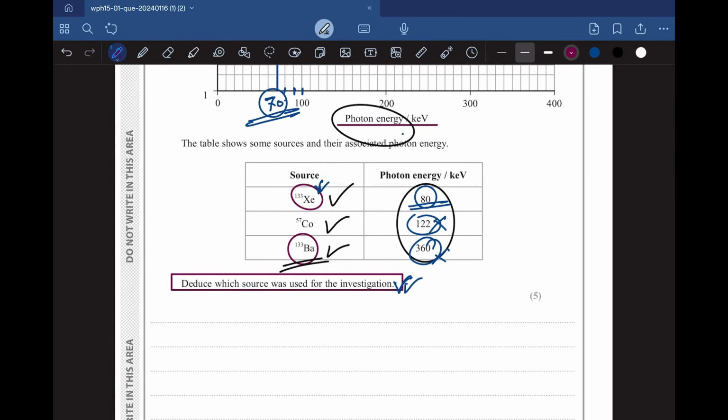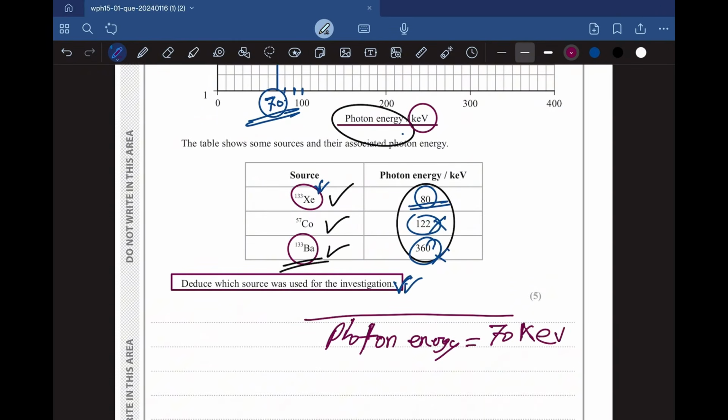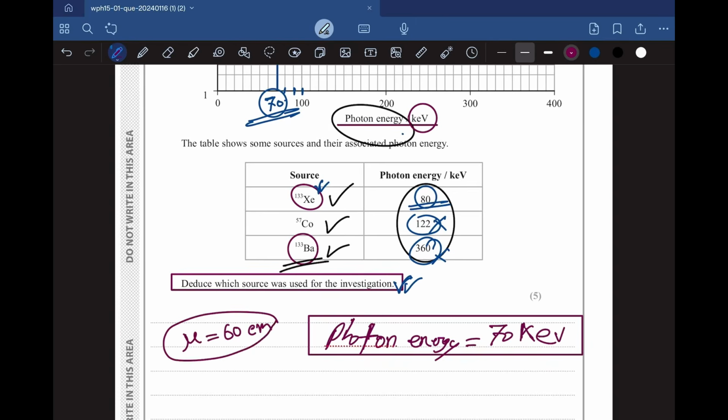We can write it down like here. Photon energy is equal to 70 kilo electron volt. Never ever forget to write the units. Photon energy is equal to 70 kilo electron volt, and we have figured out mu is equal to 60 centimeter from the gradient.